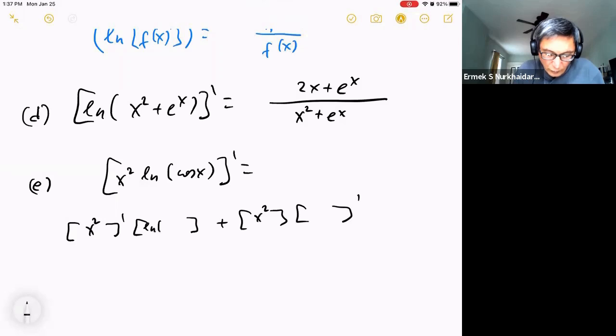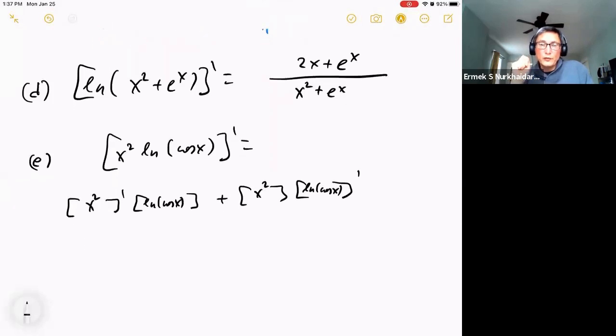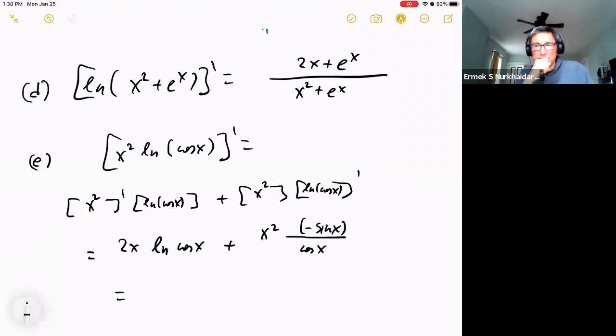In the second, I'm going to put ln of cosine x. And then the derivative of x squared is easy. The derivative of ln of cosine x is also easy, if we realize that we already did a bunch of those and we know the shortcut. So the final answer is going to look something like that. The only thing you can do here is maybe from the second fraction just take the negative in front, so it will be easier to read, and maybe rewrite as one big fraction, but otherwise that's about it.